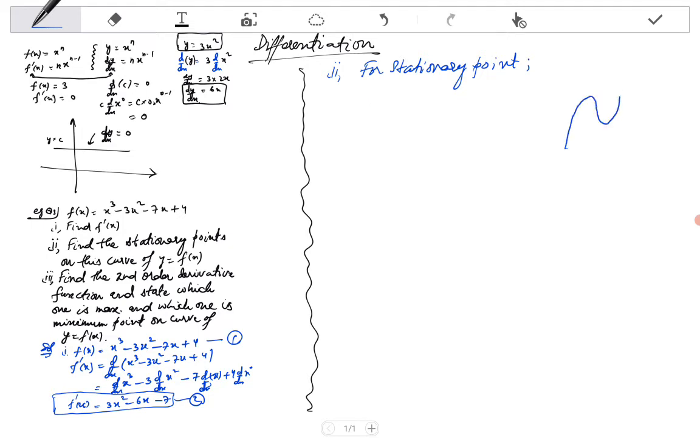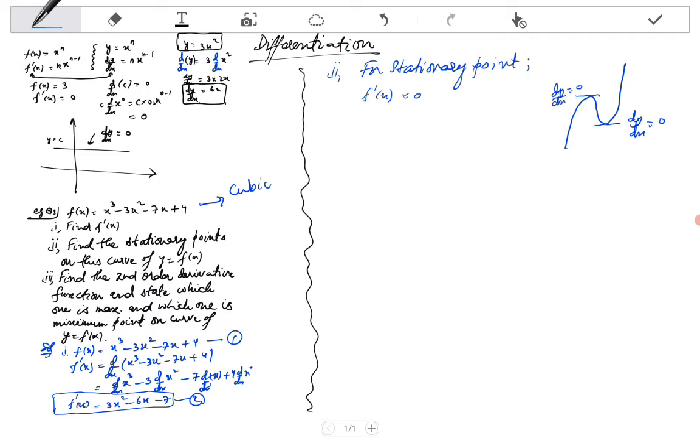As it's a cubic curve, it looks like this. It has 2 turning points. The original curve is a cubic equation, as you see. There's some kind of curve like this, which has 2 turning points. One is maximum, the other one is minimum. And at the turning point, if you take the tangent to the curve, it becomes horizontal. So dy by dx becomes 0 at the turning point, or f dash of x is 0. So for a turning point, f dash of x is equated to 0.